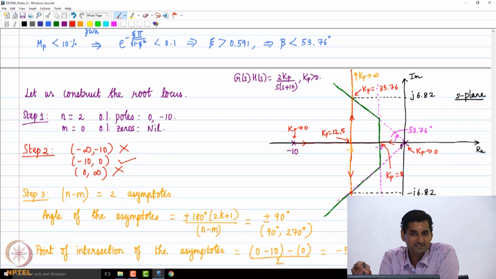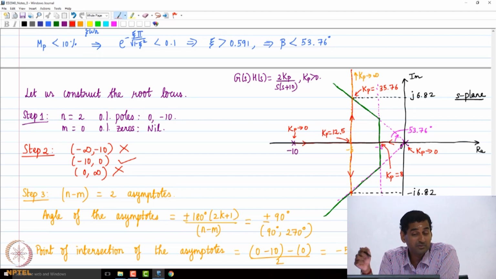Of course, it's going to be slightly sluggish, because the settling time expression assumes that you are going to have an underdamped second order system. So in a certain sense, I would pick Kp between 12.5 and 35.76, so that it's consistent with whatever analysis we have done.